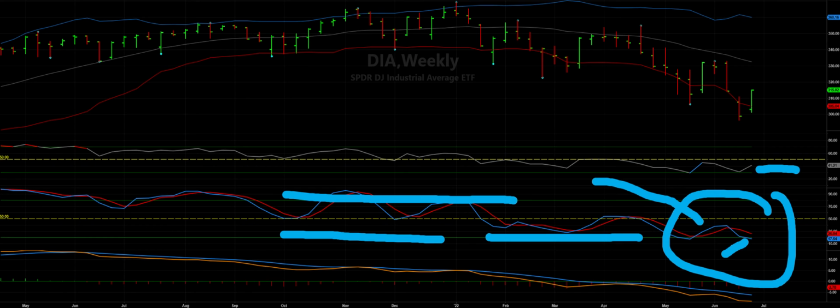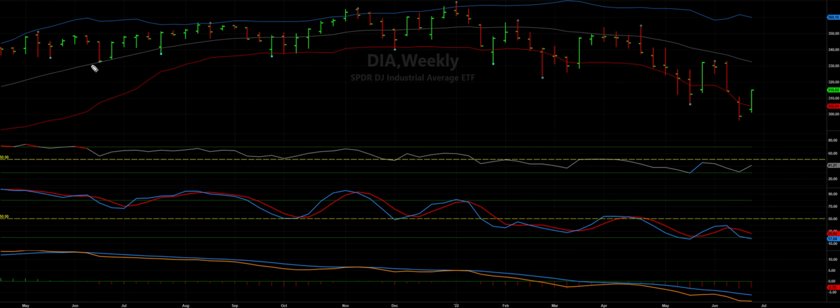Why didn't we come out of the oversold level and get back above the 20 level? Why didn't that happen? That's very interesting to me, because you'd have thought we would have seen more momentum coming in on the stochastic indicator than we saw.